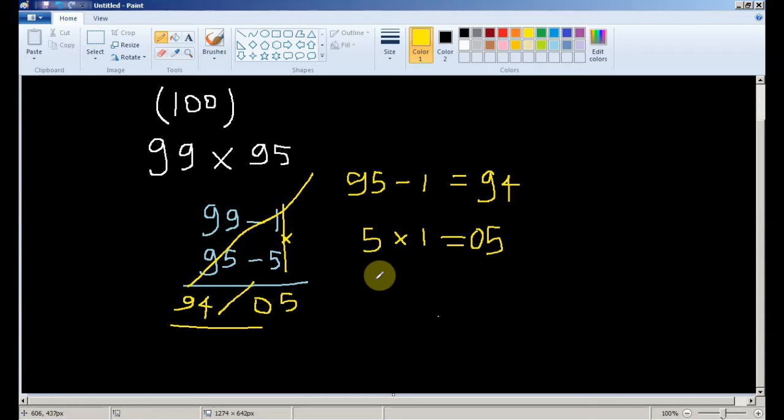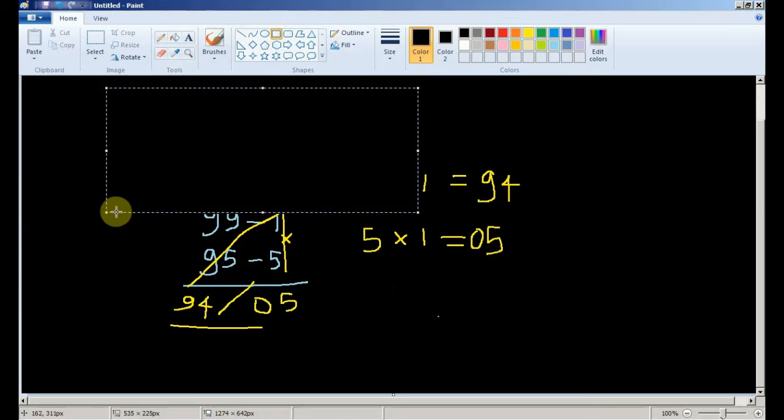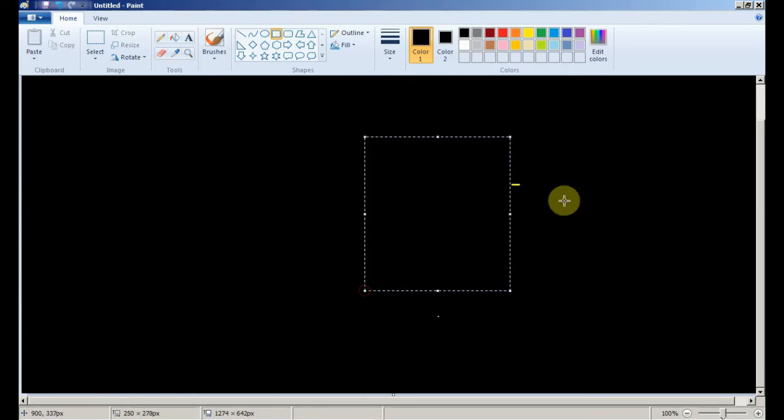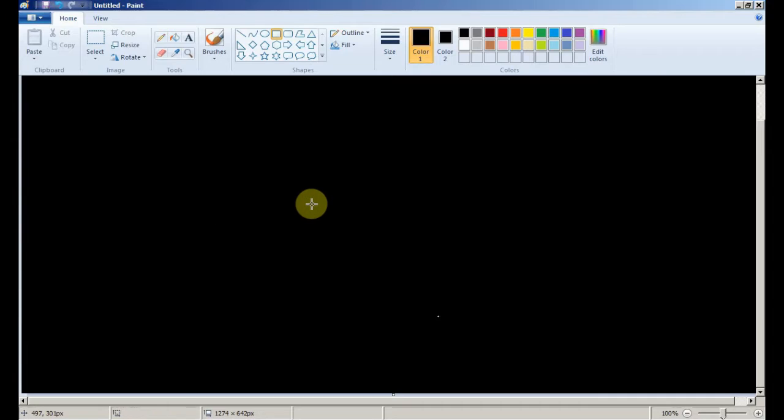But what if the numbers are more than 100? In this case, you will use the second method, just like in single digit multiplication. Before that, let me just remove this. If you want to know how single digit multiplication takes place in Vedic mathematics, watch my previous video, so it will be clear for you.